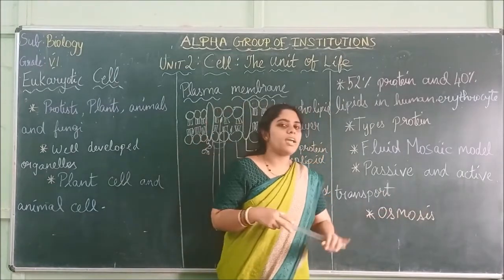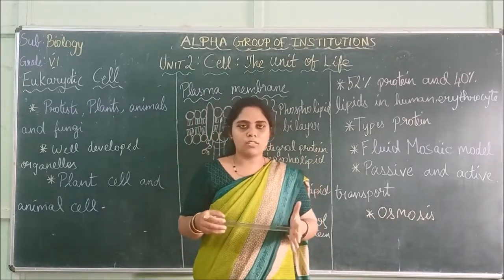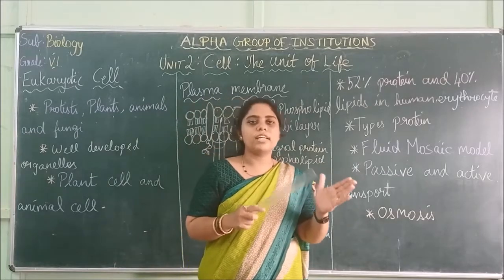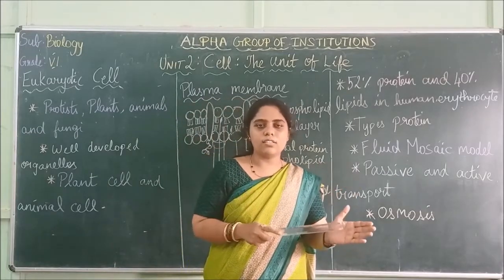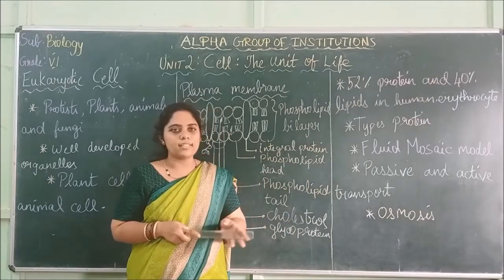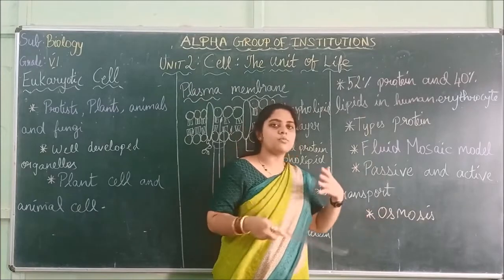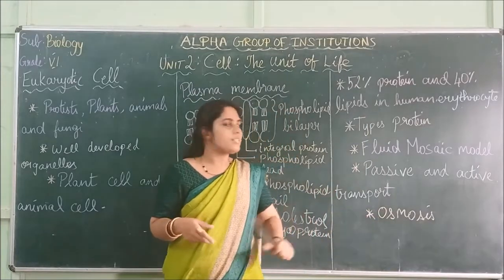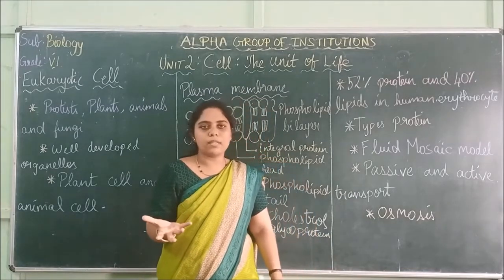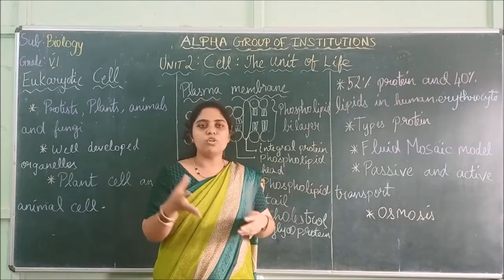And next, they have told about osmosis. What does osmosis mean? Movement of elements from a region of higher concentration to a region of lower concentration is known as osmosis. Why we are talking about all these movements of elements is because the plasma membrane is a semi-permeable membrane. It does not allow the elements to move freely.